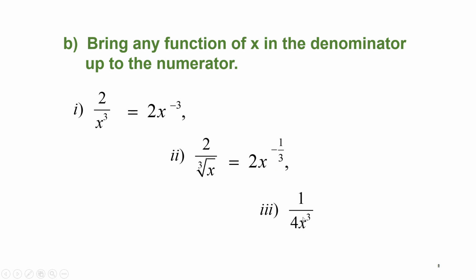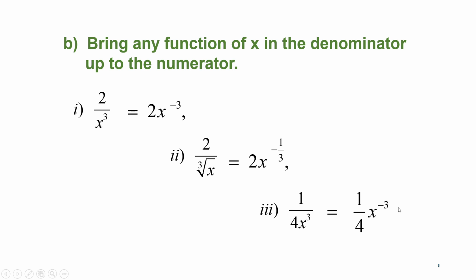And last one, 1 over 4x cube. So 4x cube has to come up, or x cube has to come up. So you'll have 1 over 4. This x cube, when it goes up, it becomes -3. So remember, if your power is positive in the denominator, when it goes up it becomes negative.